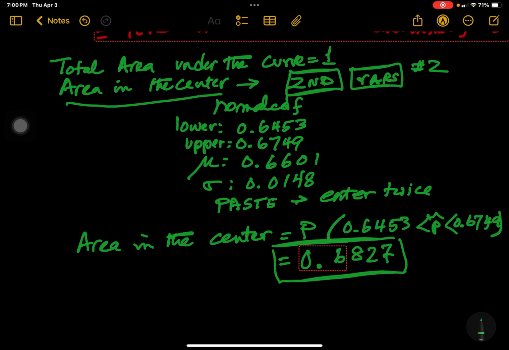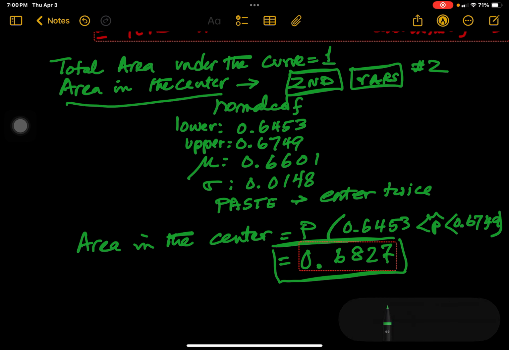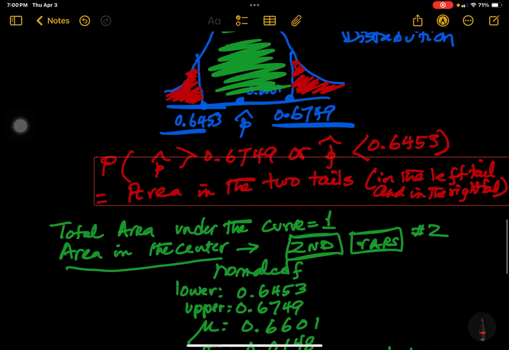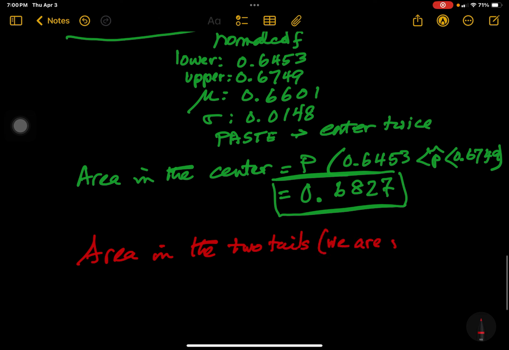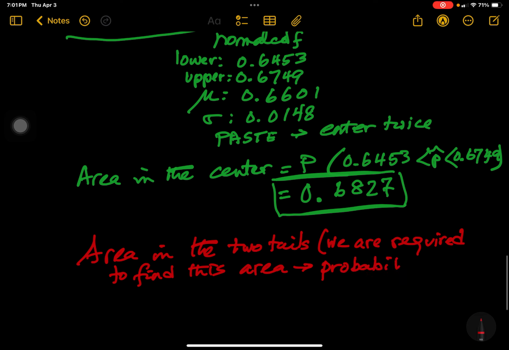Okay, this is important. This is the area in the center. So we are supposed to find the area in the two tails, the red area. We are required to find this area, which is the probability in two tails.